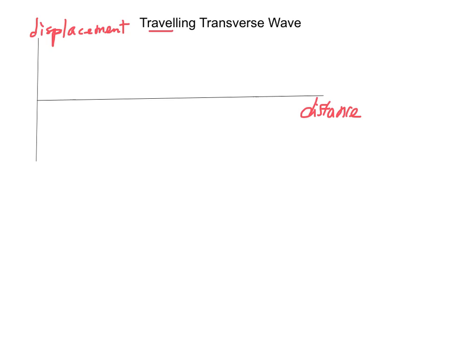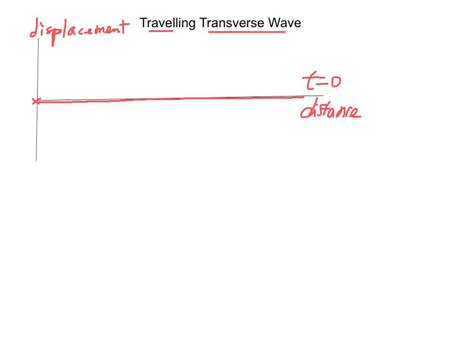For a traveling transverse wave, let's consider the displacement-distance graph. Before the wave is set up at time 0, the equilibrium position of all the particles lies on this line. Let's consider some particles that are evenly spaced.